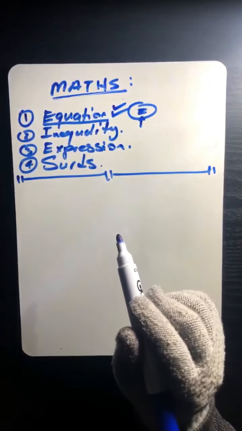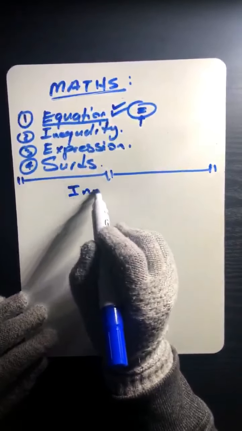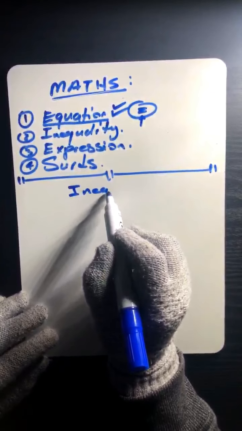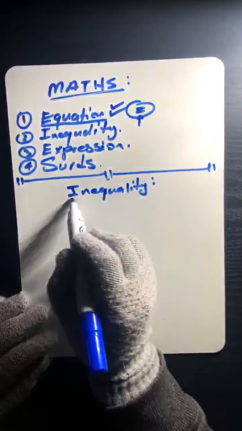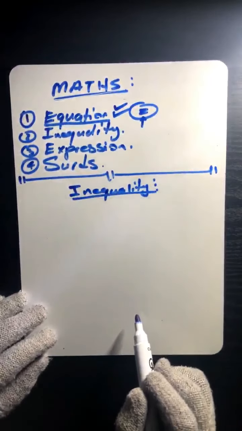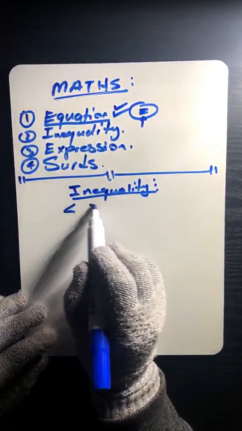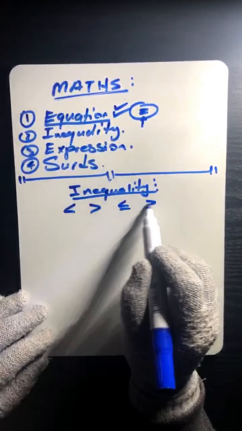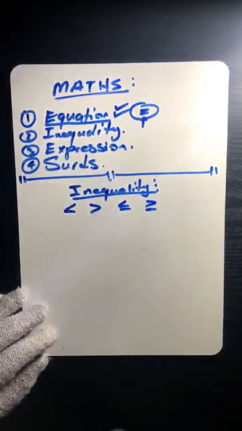Okay, so now I'm going to explain to you how you notice an inequality. So always, the moment you see less than, greater than, less than or equal to, greater than or equal to, it's an inequality.